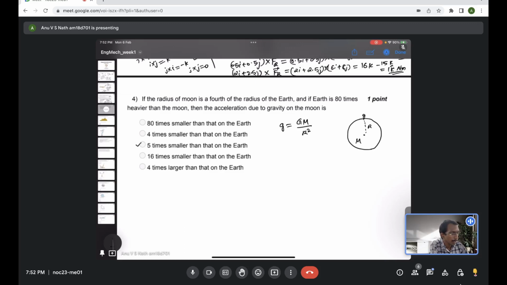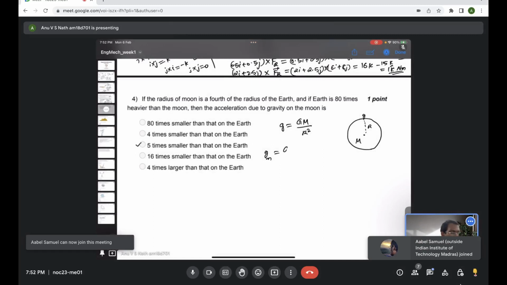So we have gravitational field on the surface of moon. Let me represent that using g subscript m, which is G times the mass of the moon by the radius of the moon square. Capital G is just the gravitational constant, which is the same for all the planets.